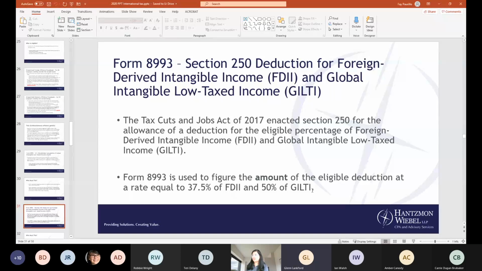So, for example, if I'm a U.S. company, a U.S. company is going to be subject to tax on its worldwide income, just like a U.S. individual.